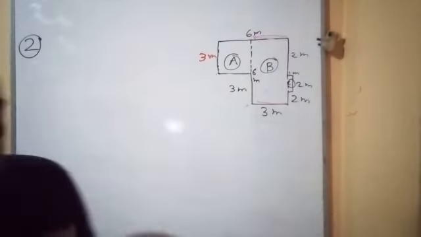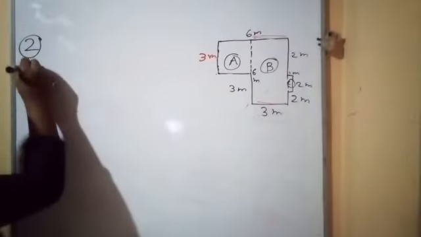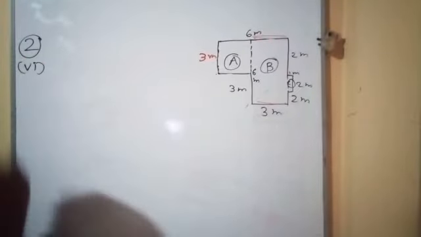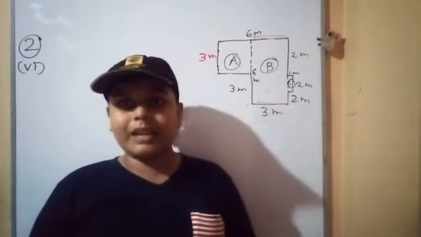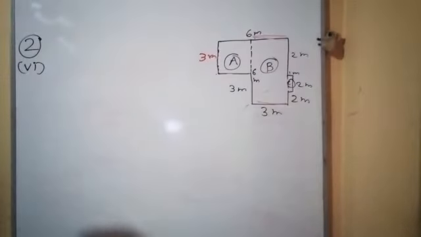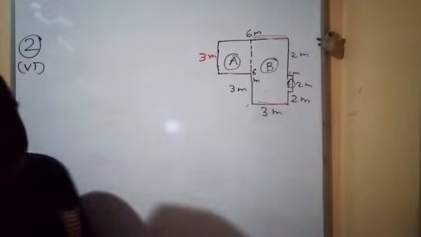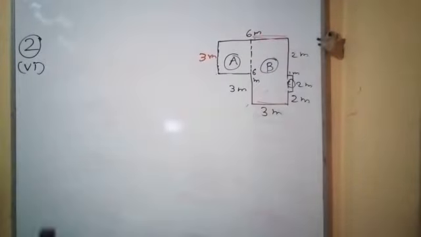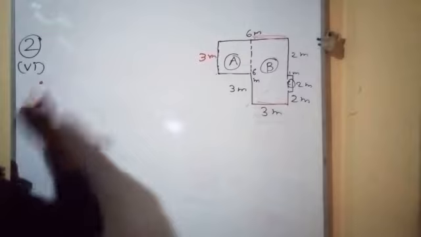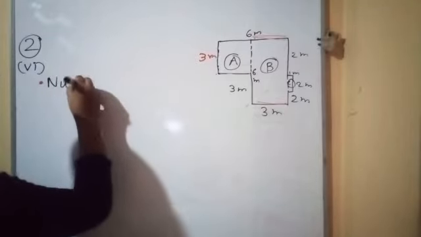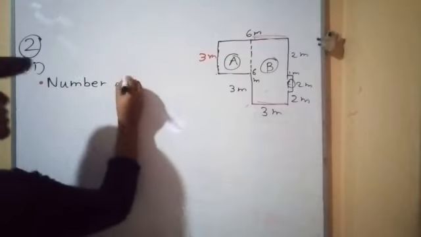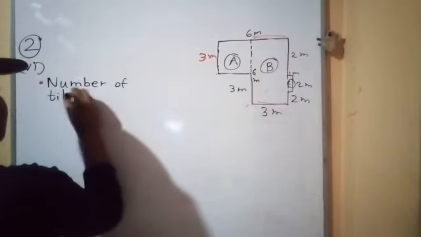So what is that? Now this is the living room. It is required to tile the floor of the living room with 50 cm multiply 50 cm. That means you get the number of tiles along length.